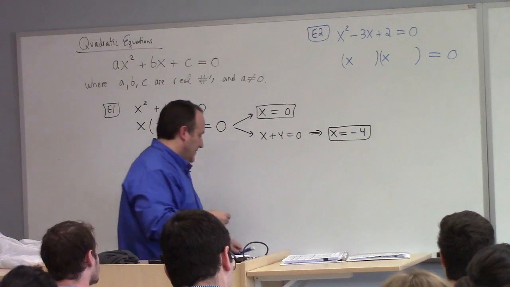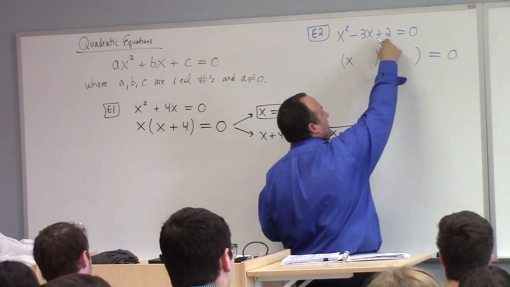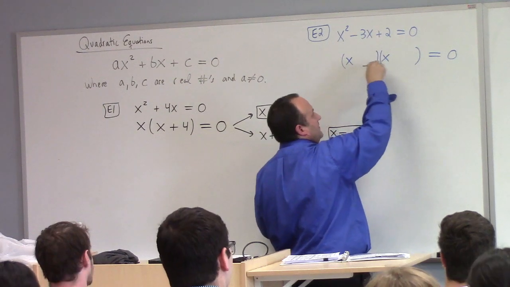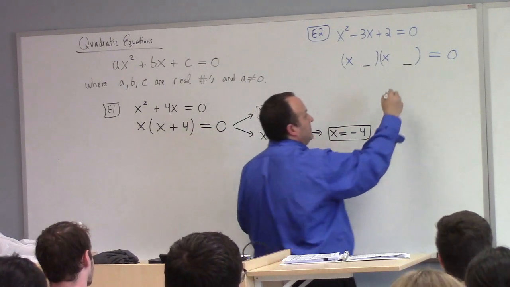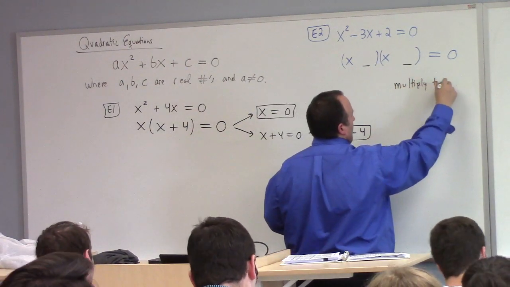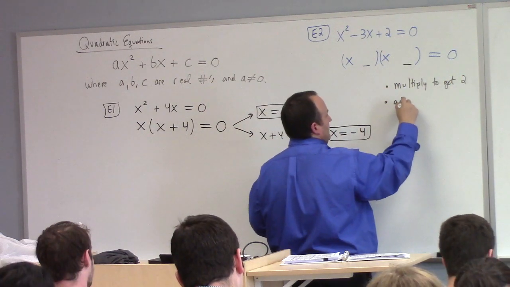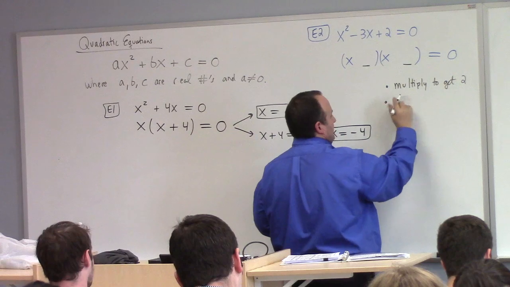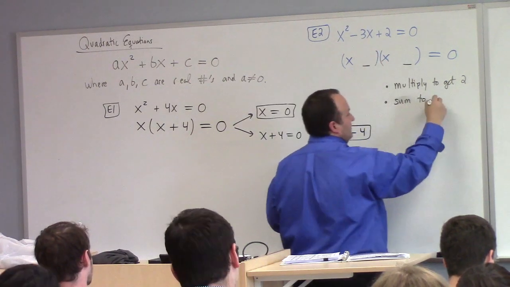And whatever I put here and here has to multiply to give 2, and it also has to sum to, not 3, but minus 3.